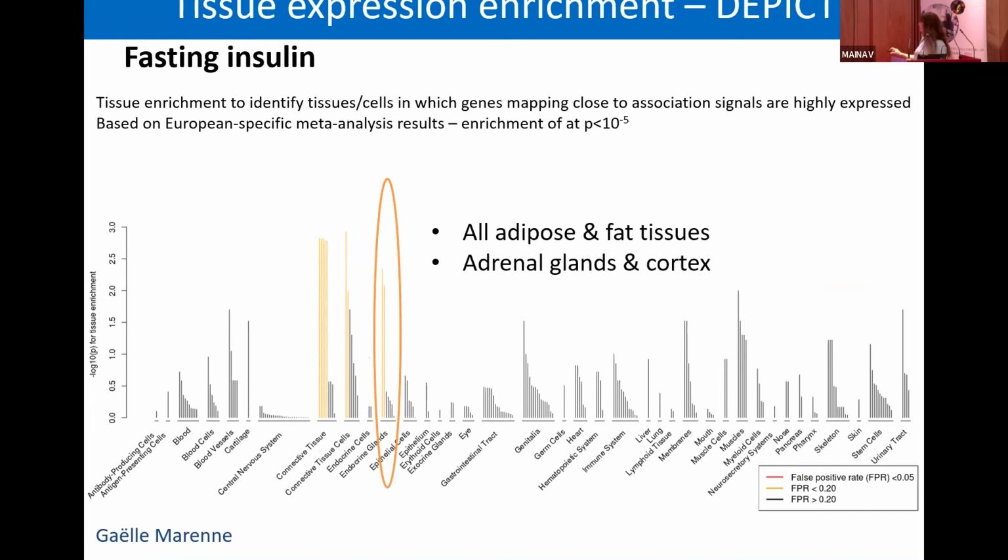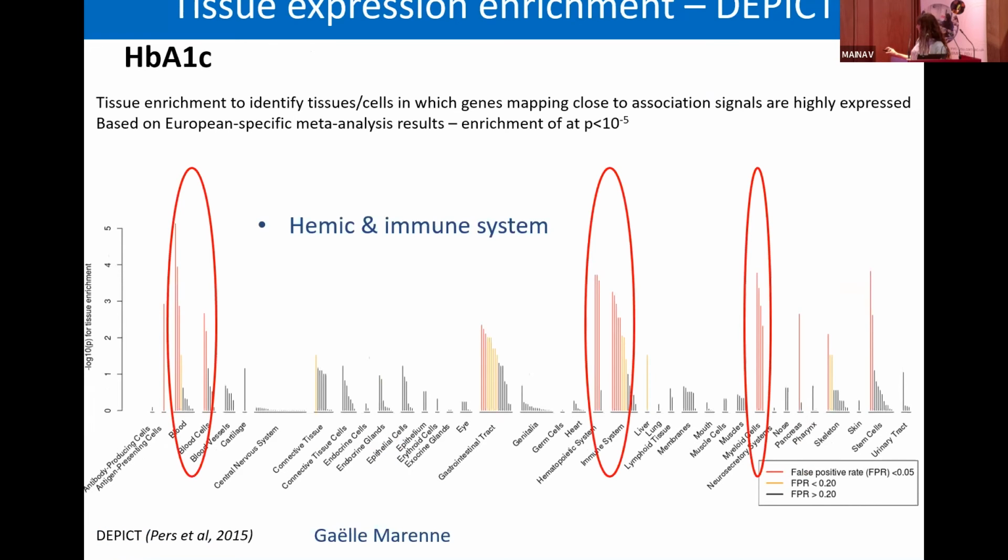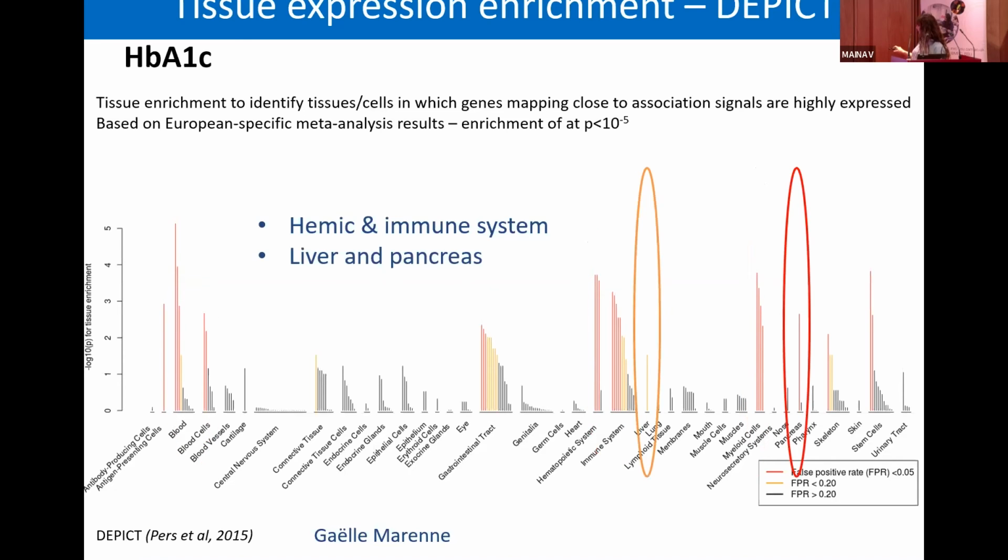And adrenal glands, which was quite interesting because there's some link between the adrenal gland and cortisol expression and insulin resistance. And HbA1c, very much in agreement with what we'd seen in some of our other analysis. We see the immune system and blood, and also liver and pancreas, kind of corroborating that this is quite a complex trait that brings together the blood and the metabolism.